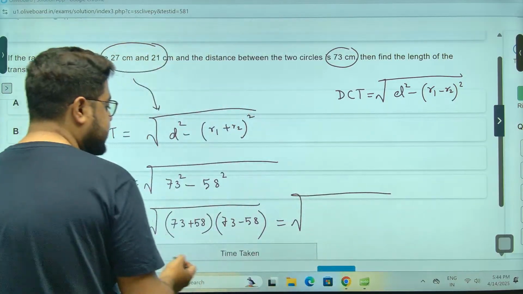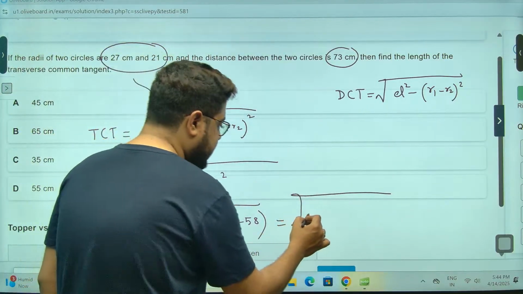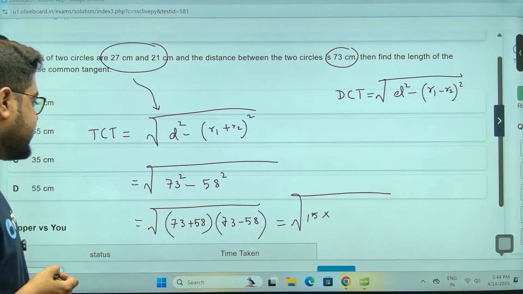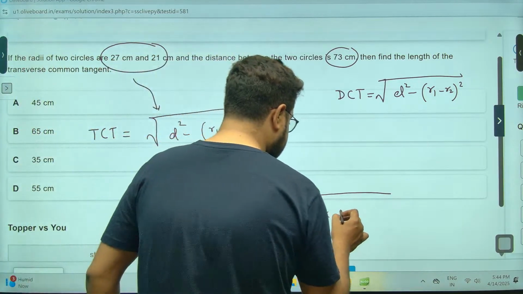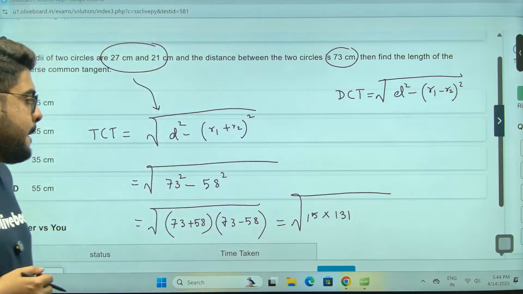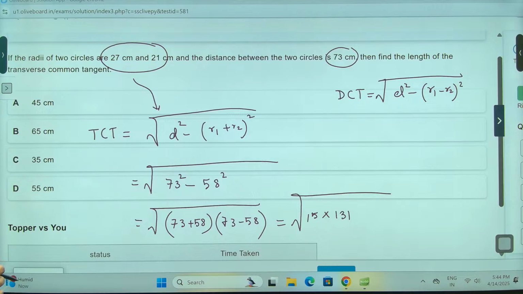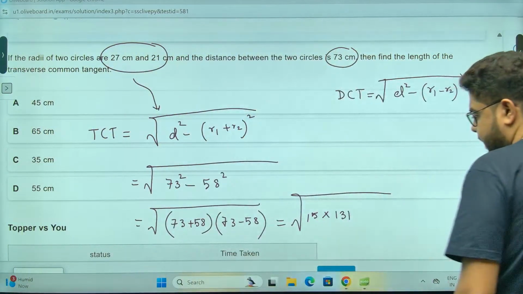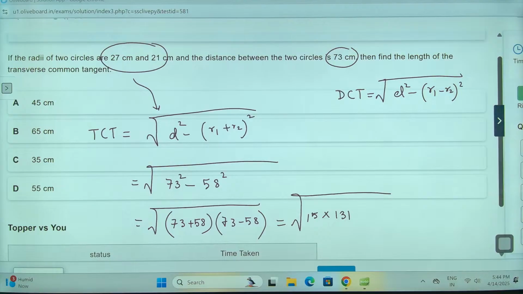Calculation तो करवाएगा ही, sir. 73 plus 58 is 131, and 73 minus 58 is 15. 131 times 15. कितना आ रहा है, sir? Have I made any error?